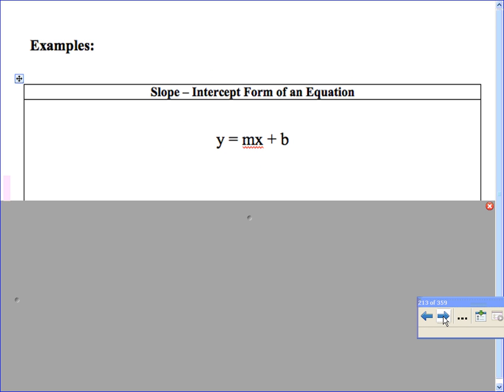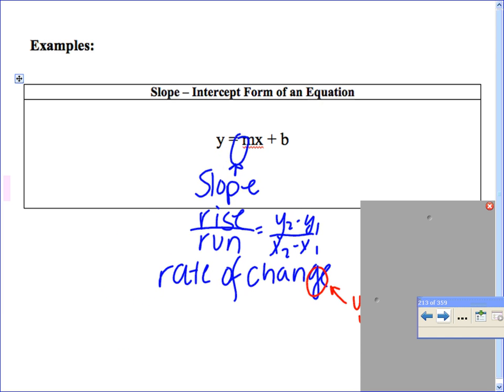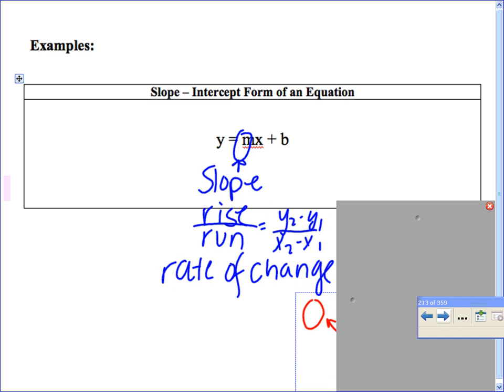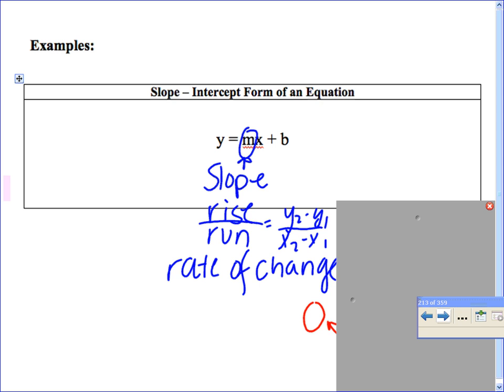There's that big box at the top of page 17 that says slope-intercept form of an equation. Anyone remember what M is? You should. Briar? Good. M is slope. I want you guys to circle the M, label it slope, and underneath it, write down rise over run, y2 minus y1 over x2 minus x1.